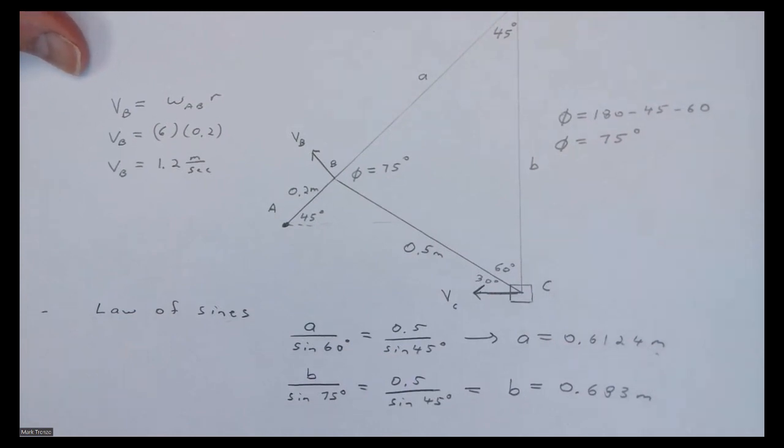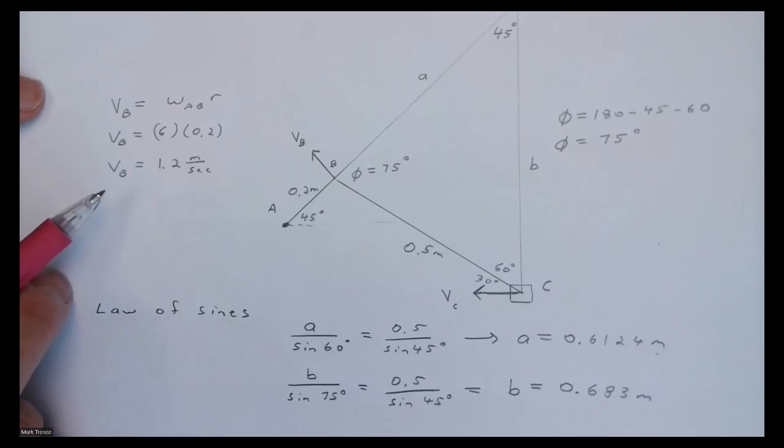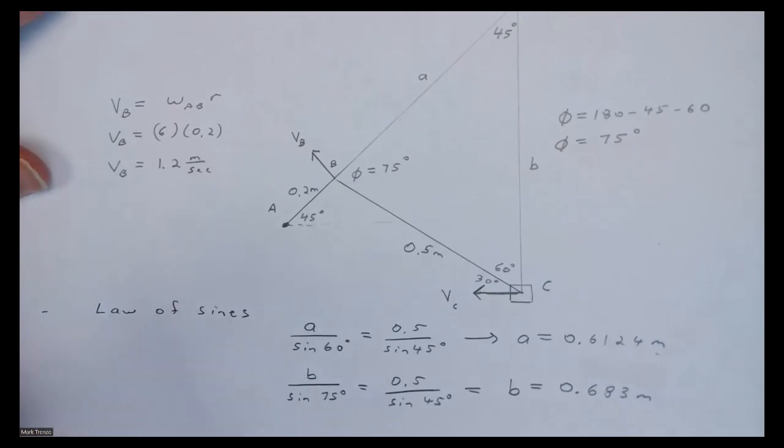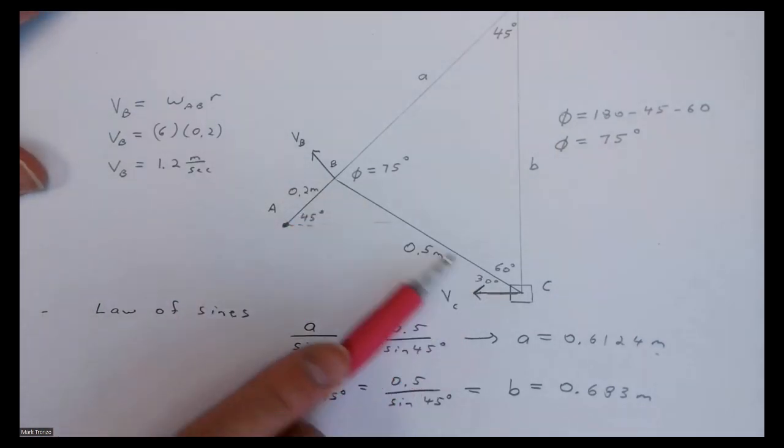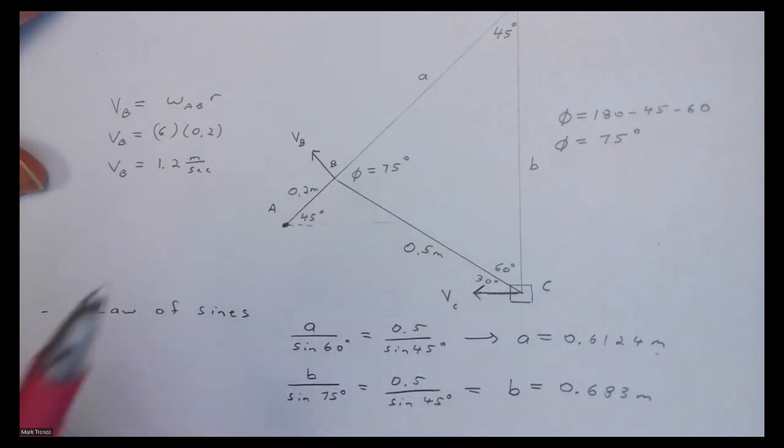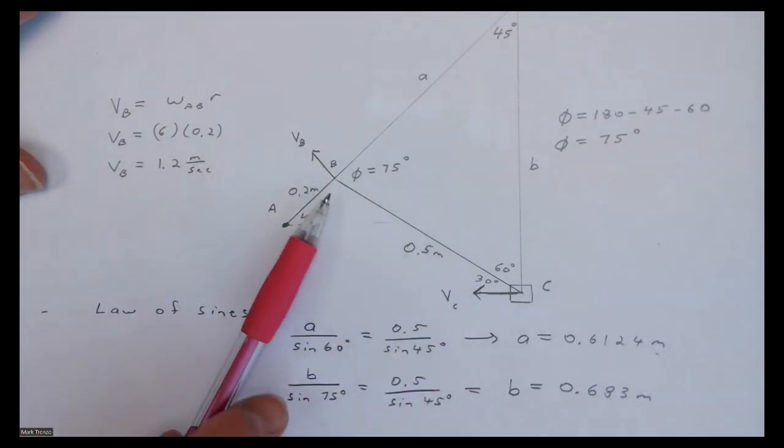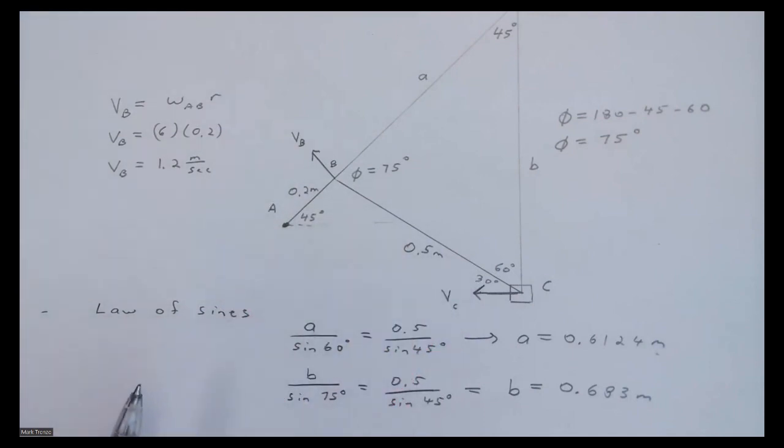Now it's just a matter of doing some basic calculations, really the same kind of calculations as before. Now, remember, when we're doing this instant center, we're always doing it for a particular link, and we're doing this now for link BC.